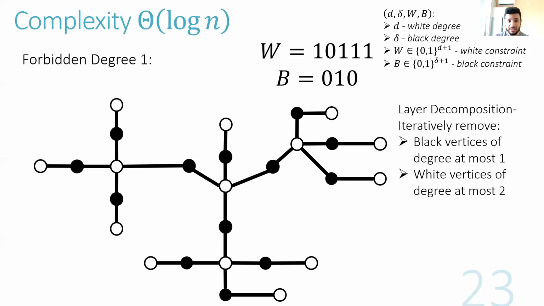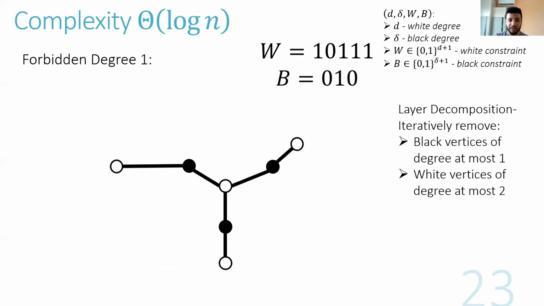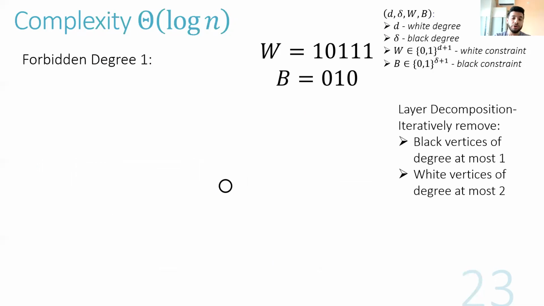So for example, in this graph, first of all, the white leaves are going to be removed, then the black leaves, then the remaining white nodes, then the remaining black nodes, until we are left with one vertex.